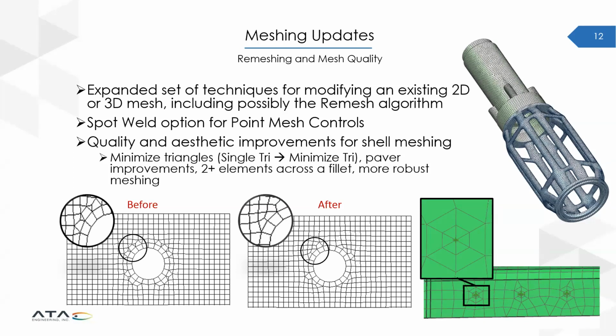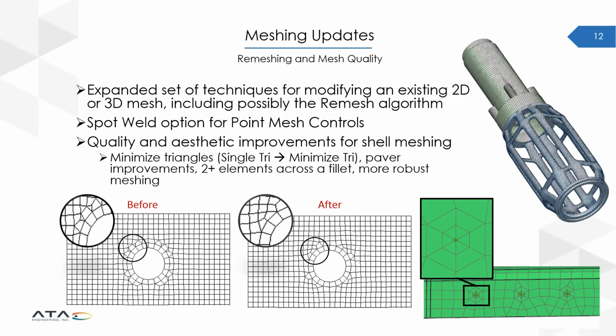There are expanded techniques that are available for NX to use when it's remeshing that, including the possibility of using the remesh algorithm. You might recall that the remesh algorithm was actually introduced in Simcenter 2019.2, and that's based on some Star CCM Plus capability that is able to do surface meshes without having to flatten the surface.